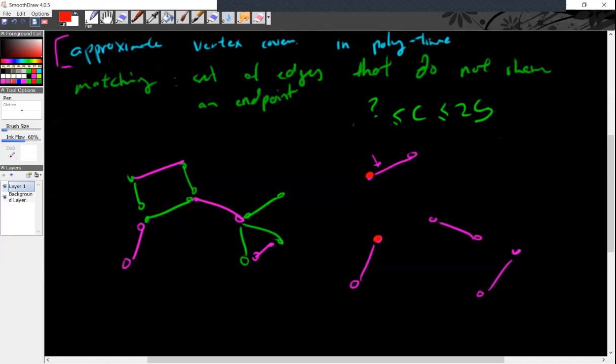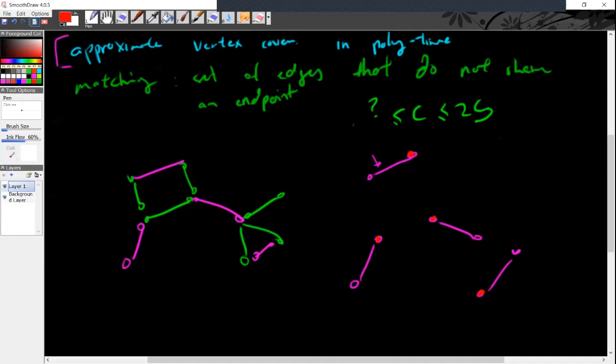I don't know how I'm going to color it. I'm just saying that between these two endpoints, at least one of them has to be taken. Between these two endpoints, at least one of them has to be taken. Between these two endpoints, at least one of them has to be taken. And between these two endpoints, at least one of them has to be taken. So that's kind of what that looks like. When I color this, I don't mean I know which one, I'm just saying at least one.